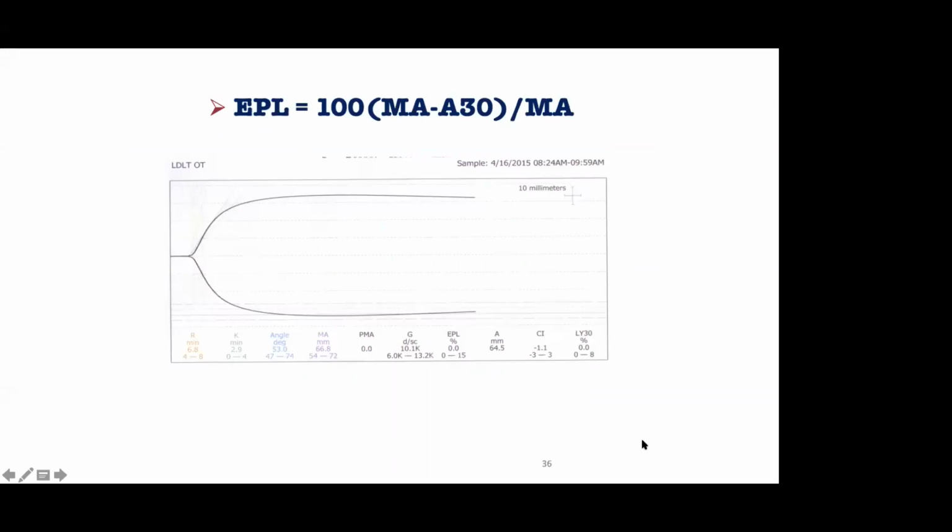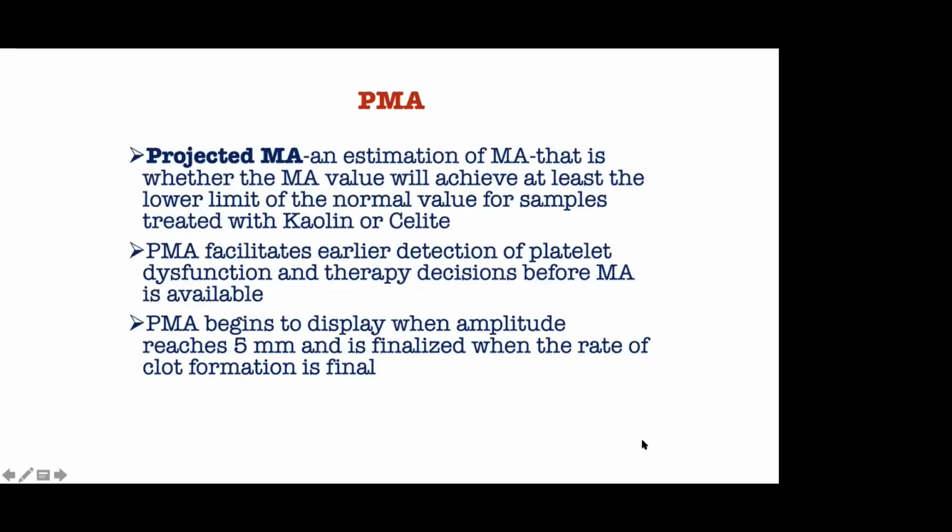It means that in this plot, just as the amplitude reached 5 millimeter, it is predicted that at least the lower limit of MA, 54 millimeter, is going to be achieved.